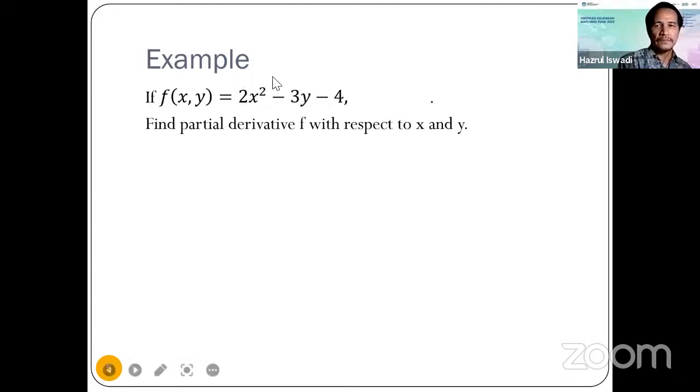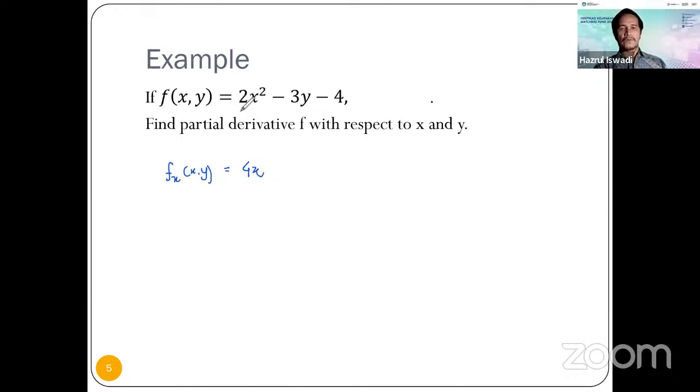The partial derivative of f with respect to x means that we will find fx(x, y), and the derivative for 2x squared will be 4x, yeah, because the 2 goes to the front, and the other terms without x are considered as constants.